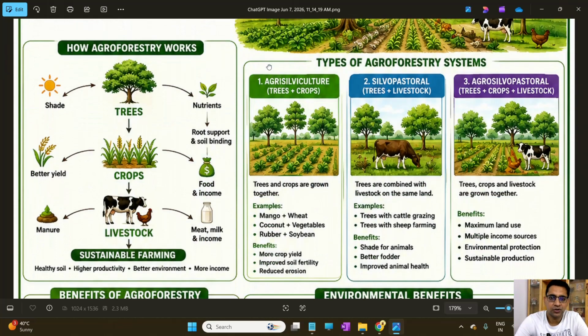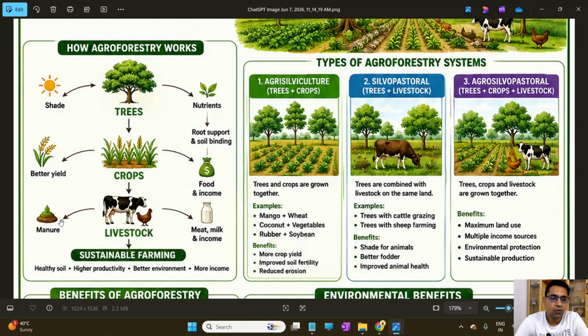So how does agroforestry work? Trees provide shade, trees provide nutrition to the soil. Crops provide better yield, food and income.